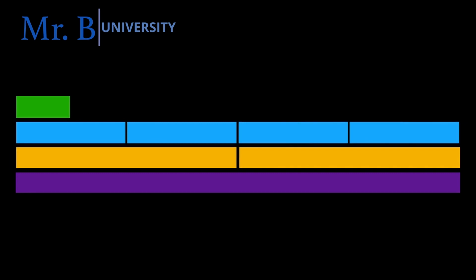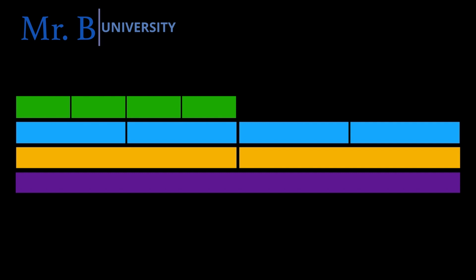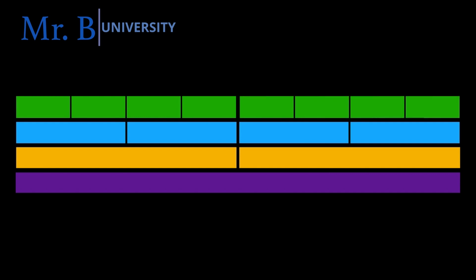And then if I bring in two more blue lines, all four of those blue lines together are just as long as one purple line. Continuing to the green, if I bring another green in, those two green are just as long as one blue. And four green lines are just as long as one orange line. Let's bring in four more green lines. All 8 of those green lines together are just as long as one purple line.